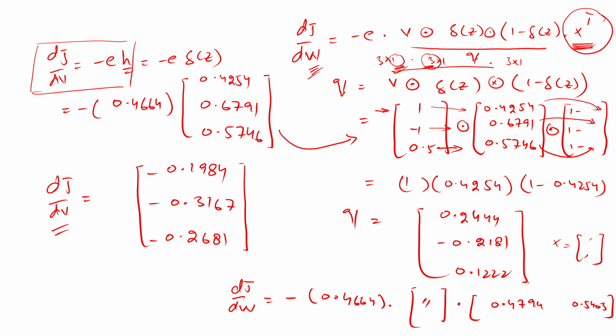After solving this, what we will get is the value of dJ by dW, and it will be a matrix because the dimension of W is n cross small n, 3 cross 2. So once you solve this, let me explain it to you in the next slide.